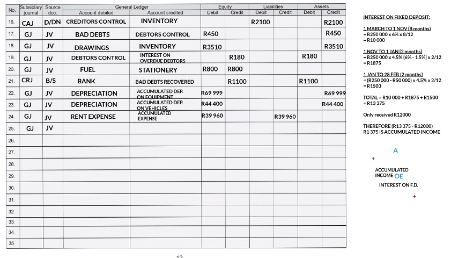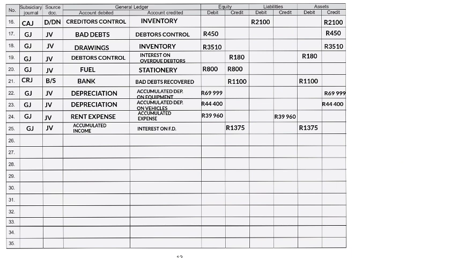Account debited is accumulated income. Account credited is interest on fixed deposit. Owner's equity will be credited with 1,375 Rand, and assets will be debited with 1,375 Rand.